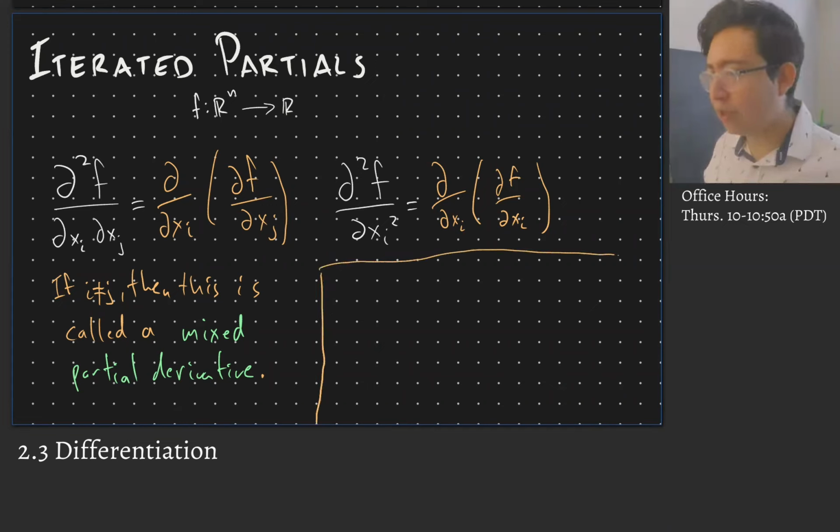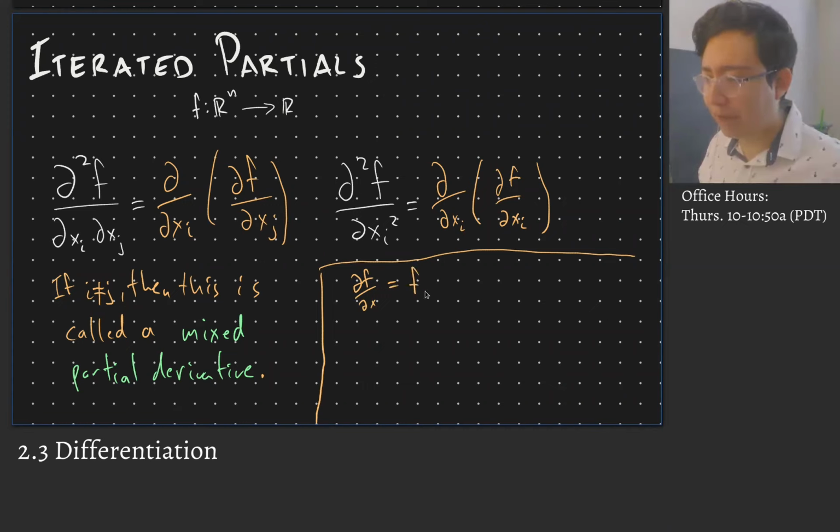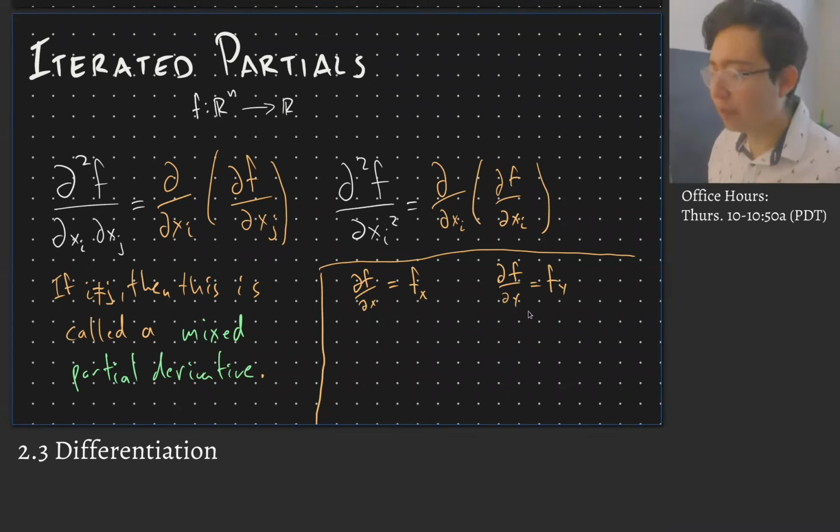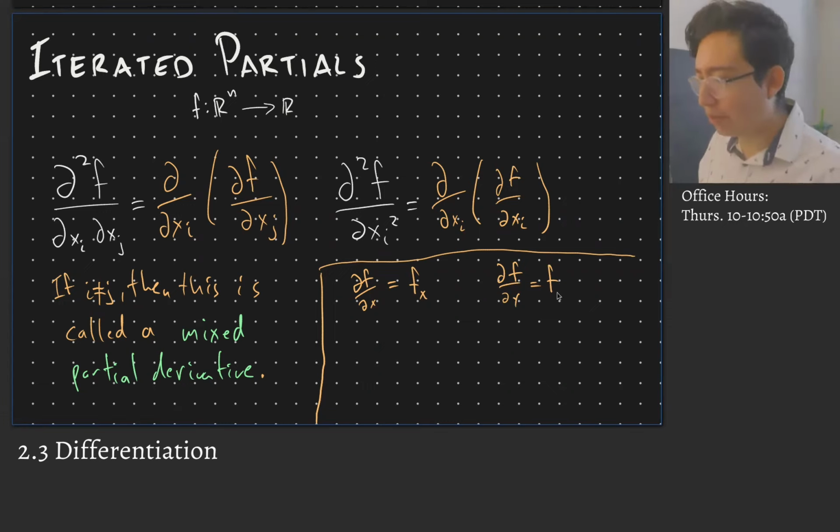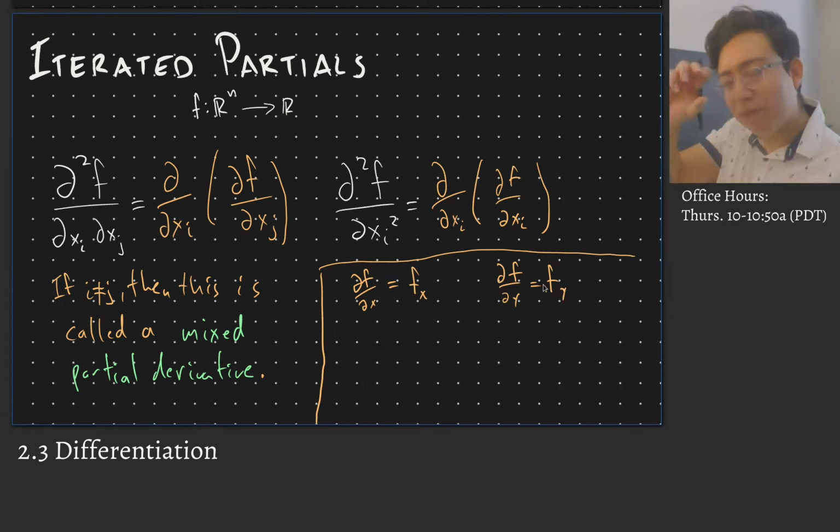But some additional notation before that is, sometimes instead of writing all of this notation, for the partial derivative of a function with respect to x, we can write f sub x, and similarly with respect to y we'd get f sub y, or even with z, it would be the same thing. You can imagine this is a little subscript, so it's not next to it, it's at the bottom, you know.